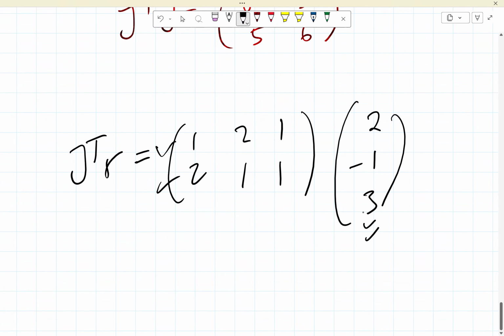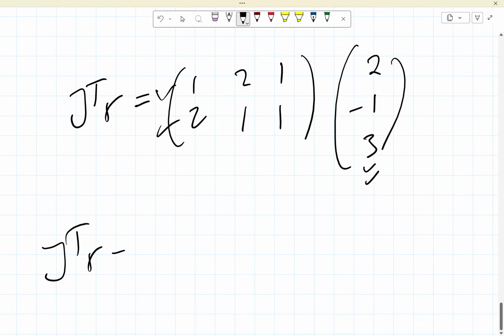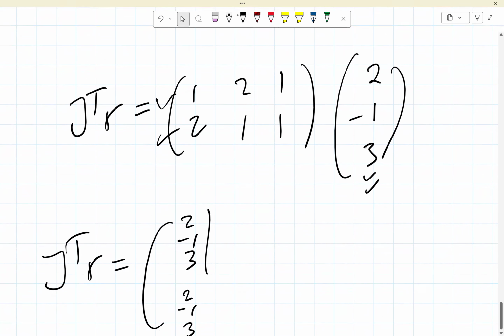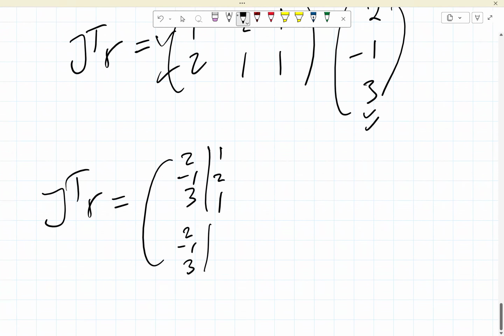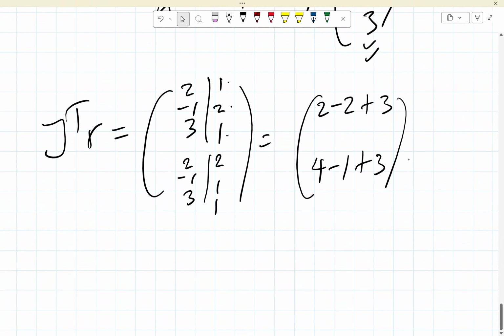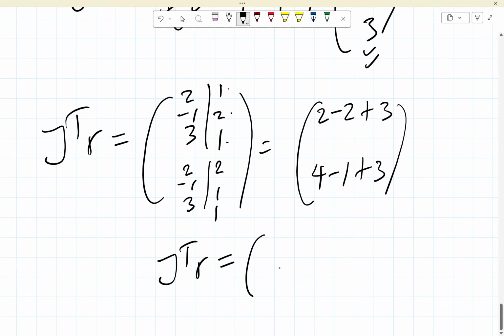So we have two rows here and one column, and we write this twice. J transpose R is 2, minus 1, 3, 2, minus 1, 3, multiplied by 1, 2, 1 and 2, 1, 1. So this is equal to 2 minus 2 plus 3, that's 3, then 4 minus 1 plus 3, that's 6. So J transpose R is 3, 6.